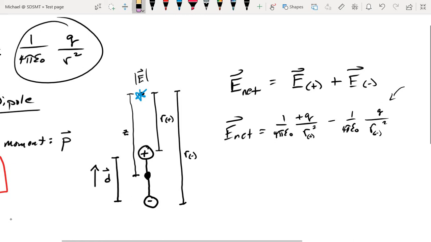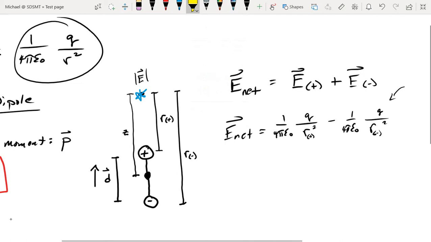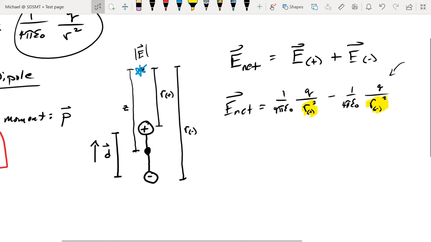And so now we can work with magnitudes here. Both of those terms are using the same magnitude of charge, but one was positive, one was negative. Again, don't go through and cancel everything out, because the R plus and the R minus terms are different. So we can't just cancel everything out right now. But here's where we can actually combine those two denominators.